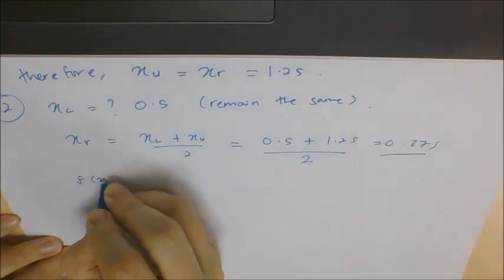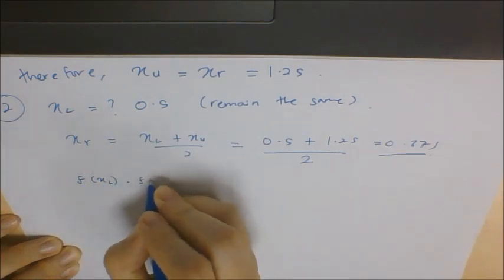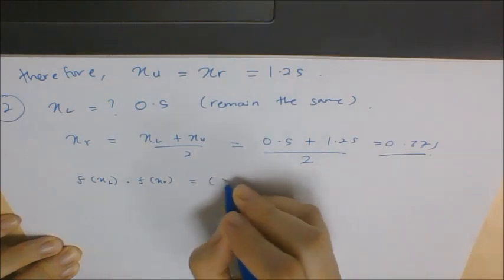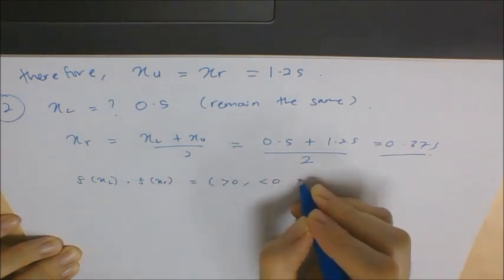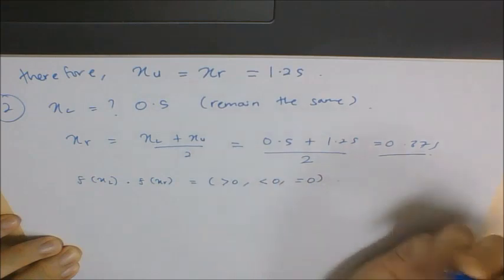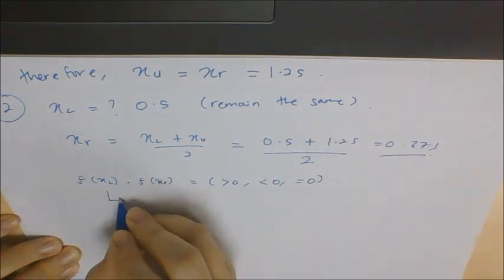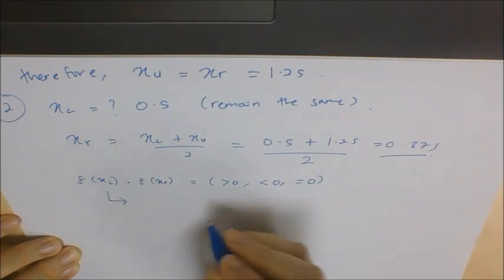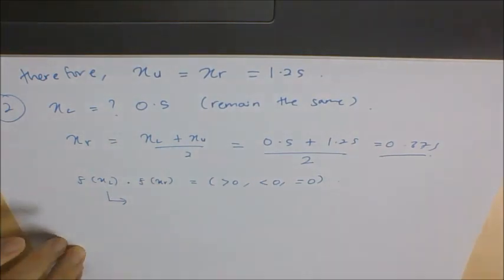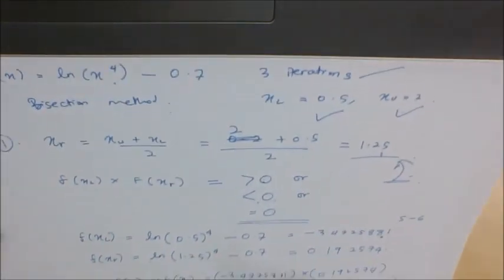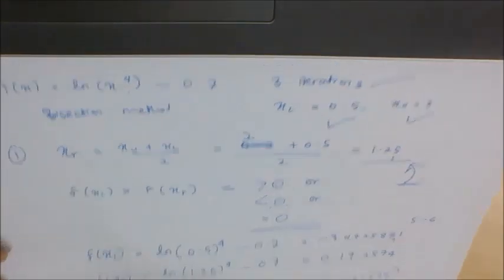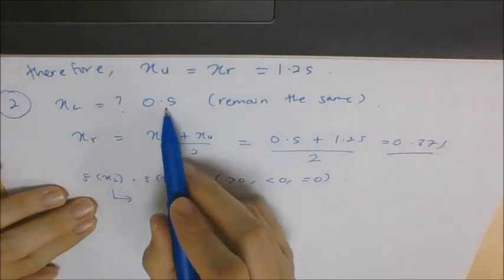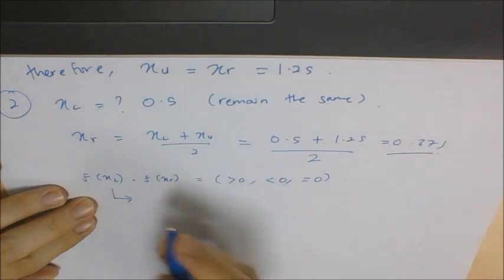Again, you calculate your FXL times FXR and see whether it is more than 0, less than 0, or equal to 0. Your FXL is the same as the previous calculation, just a matter of substituting 0.5 into the function.